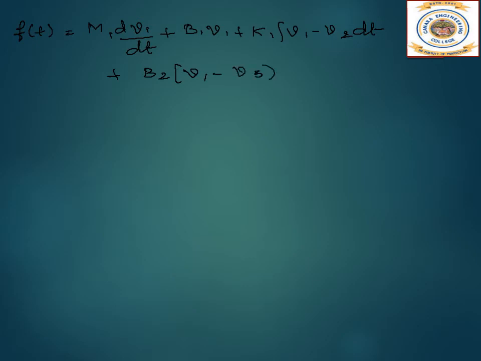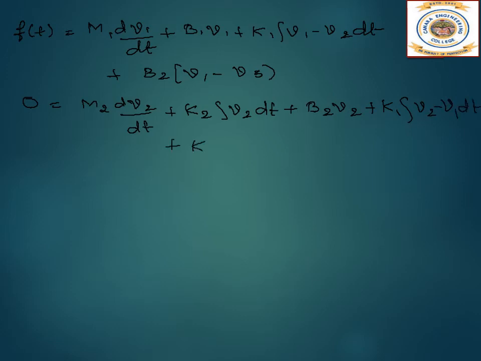Next, coming to equation 2, 0 will be equal to m2 dv2 by dt plus k2 integral v2 dt plus b2 v2 plus k1 integral v2 minus v1 dt plus k3 integral v2 minus v3 dt.